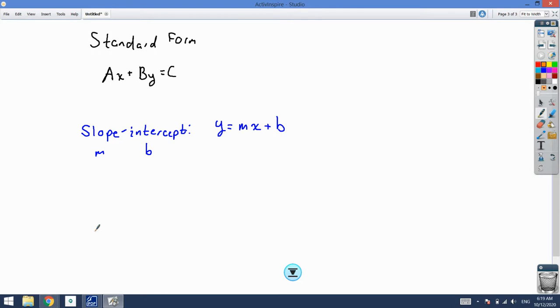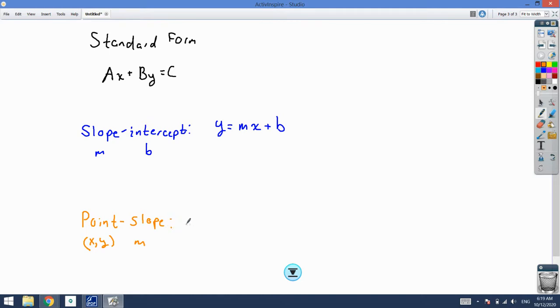And then as I mistakenly clicked, you have the last form being point slope. So we have our point, x1, y1, and our slope, m.